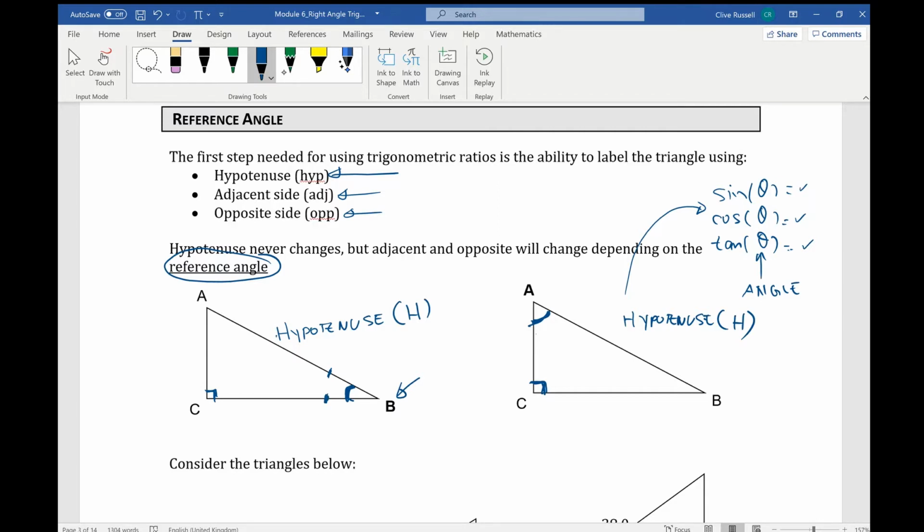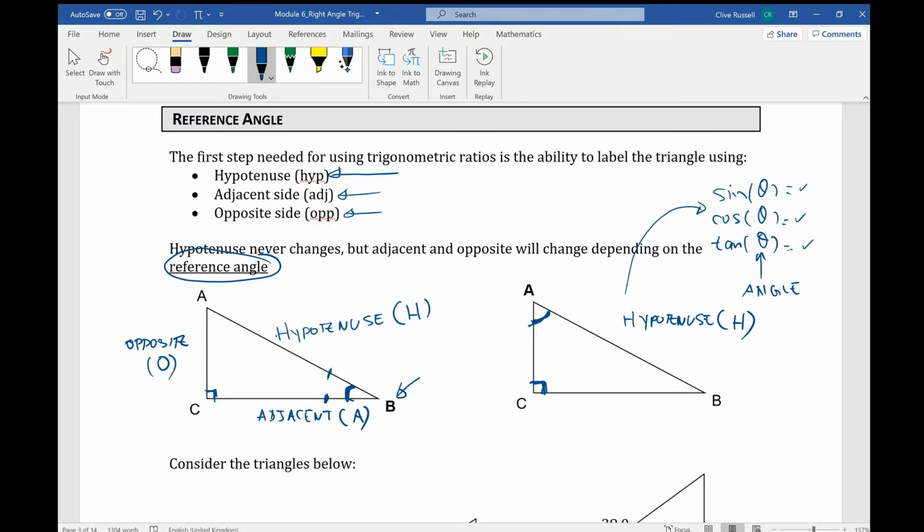The side which does not contain the angle B is what is called the opposite side, or we write it as an O. Then the adjacent is the third one. So this is the adjacent, which we're going to call A. Okay.